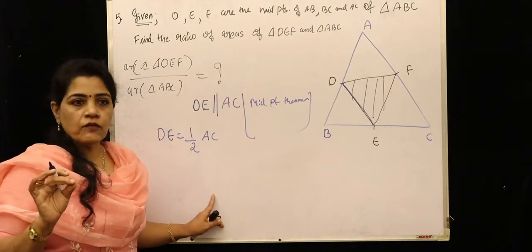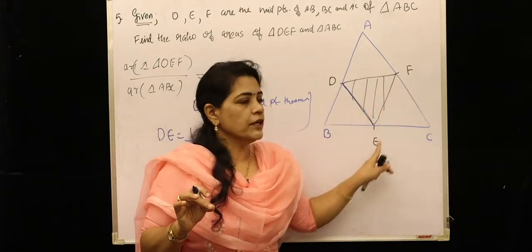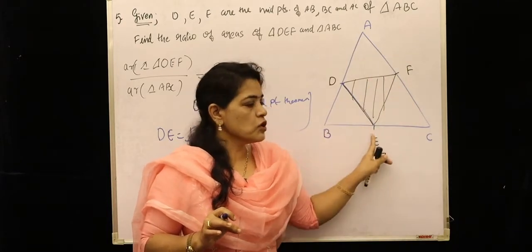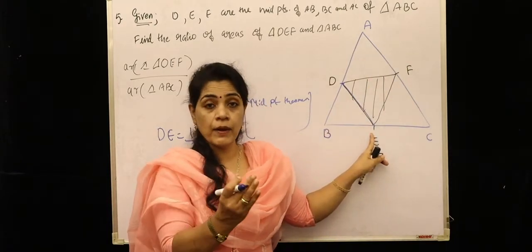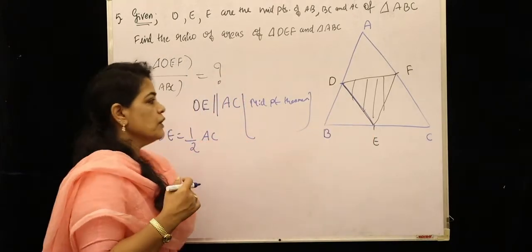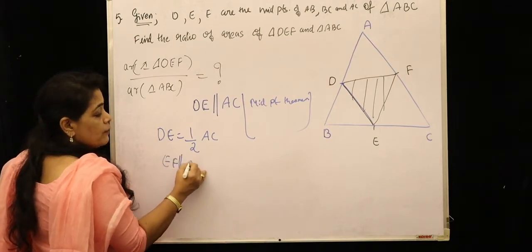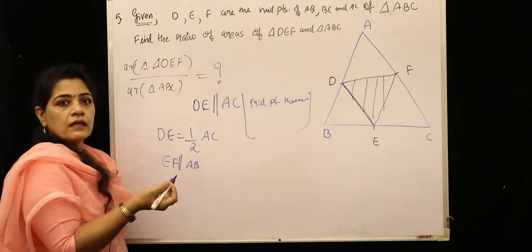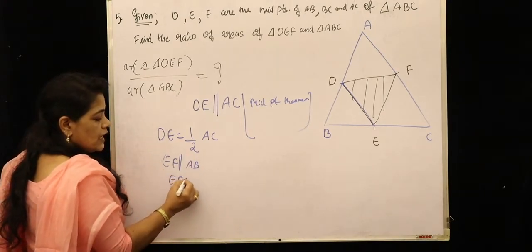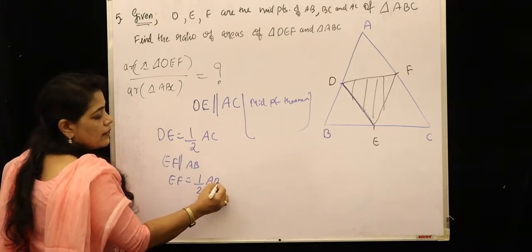The same way, since E is the midpoint and F is the midpoint of the sides BC and AC, the line segment joining E and F will be parallel to side AB. That means you can write EF parallel to AB by the midpoint theorem, so EF equal to half of AB.